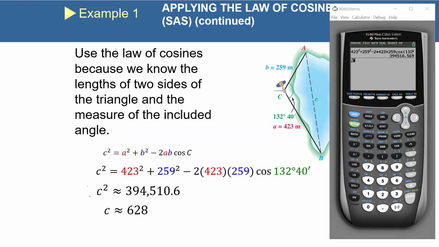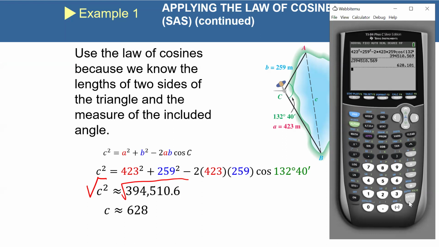We're going to have to take the square root of both sides. To take the square root, I'm just going to go up and grab it. Notice how arrow up, hit enter. And now it places it underneath the square root, and I'm going to get my value. So we got 628. So from point A to point B, it's approximately 628 meters across the pond.